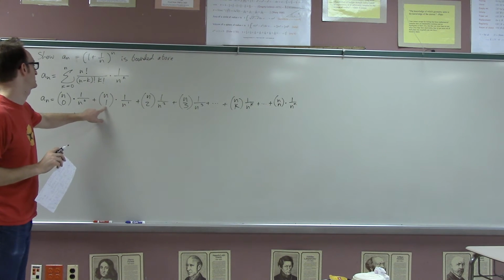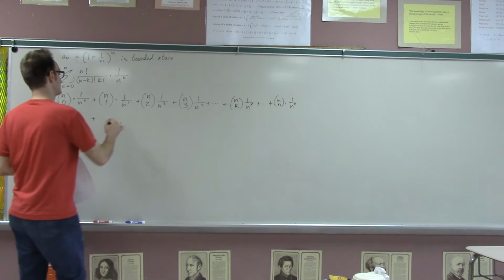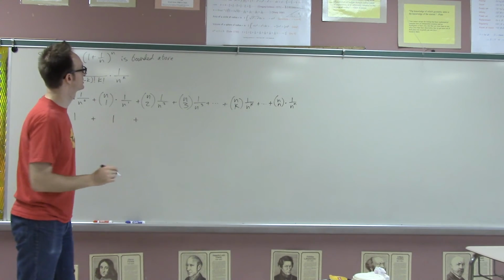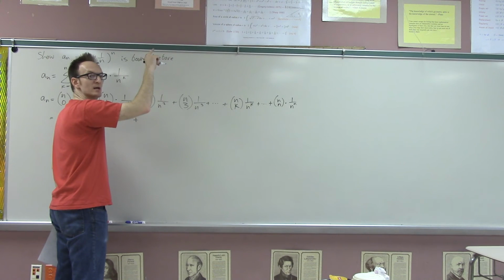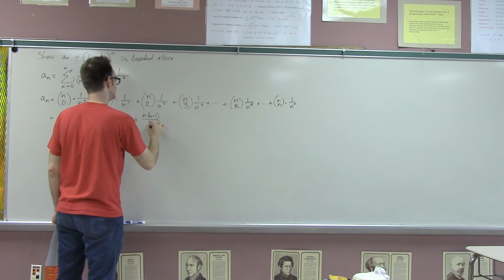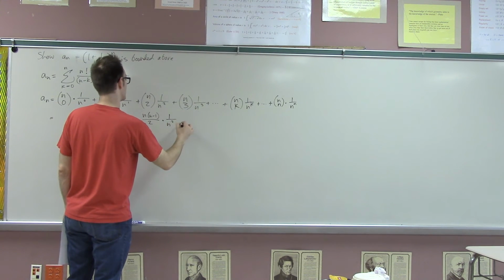N choose 1 is just n, and that's just n, so this is also just a 1. Okay, what's n choose 2? Well, n choose 2 is like n times n minus 1 over 2, right? Times 1 over n squared.